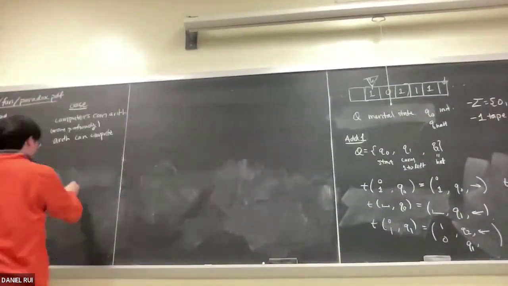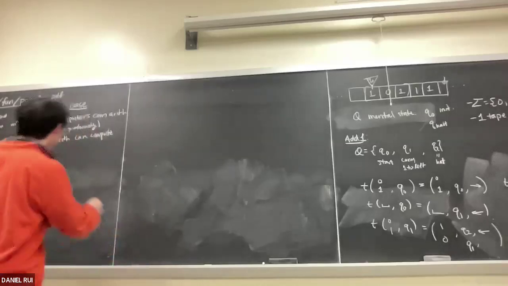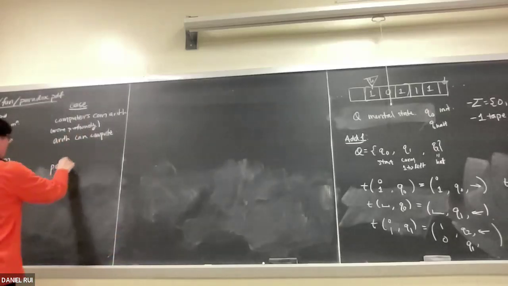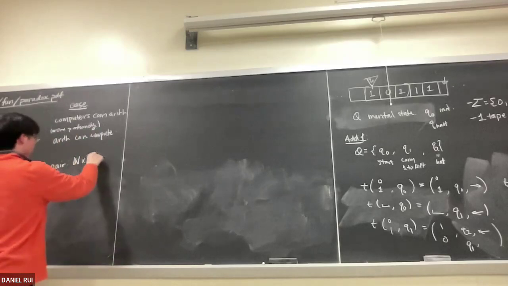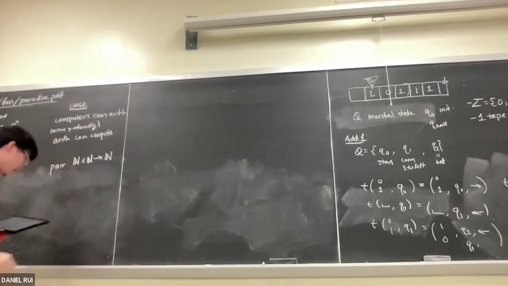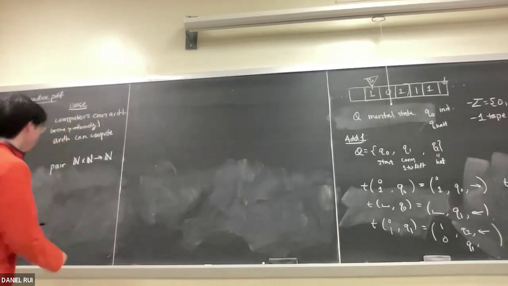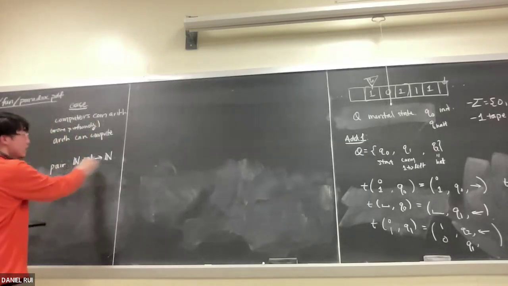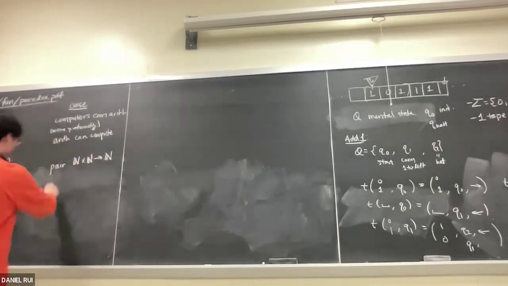Given first, let me define a function pair from N cross N to N, which you can think of as mapping each pair bijectively to N. This is the Cantor bijection.